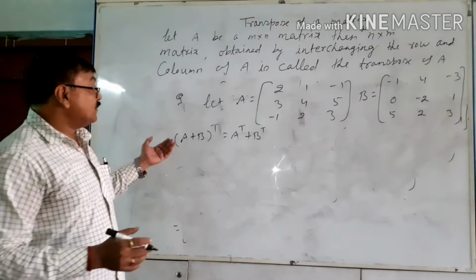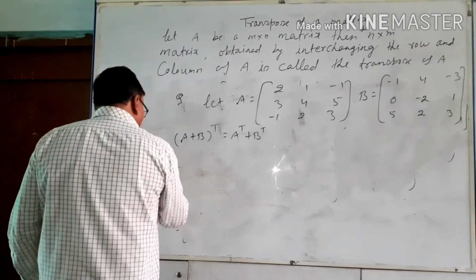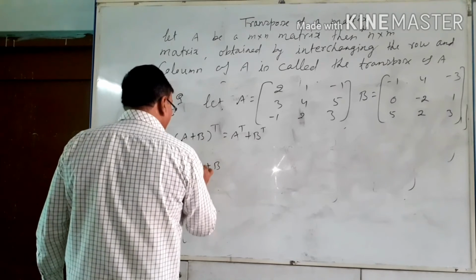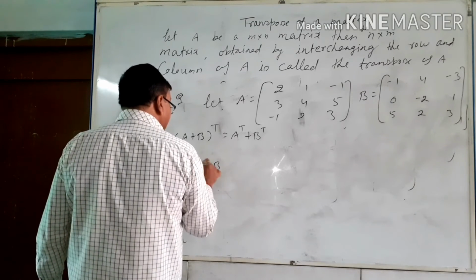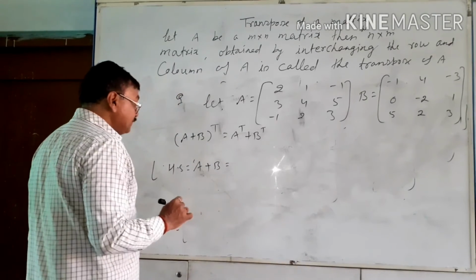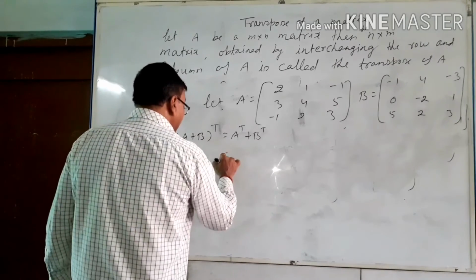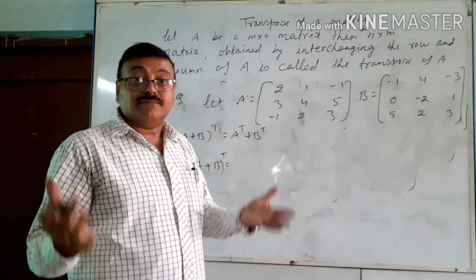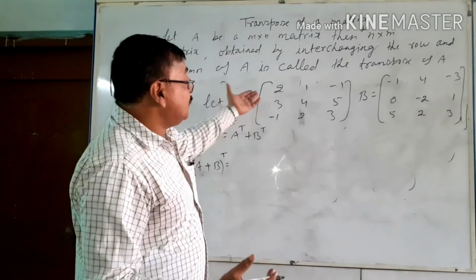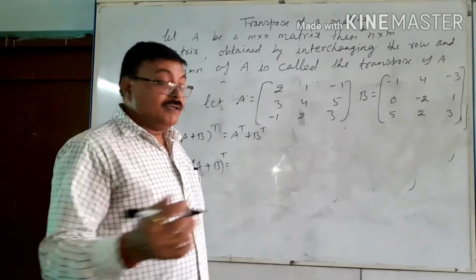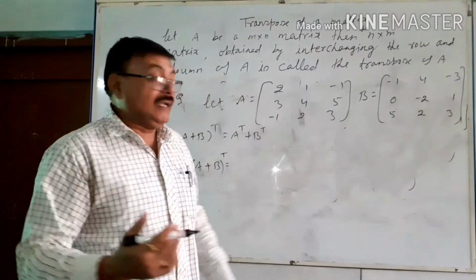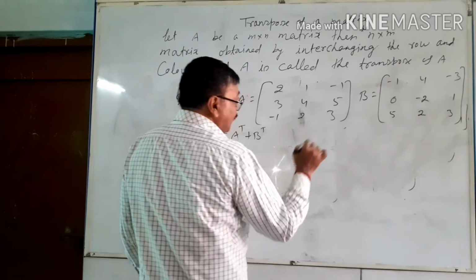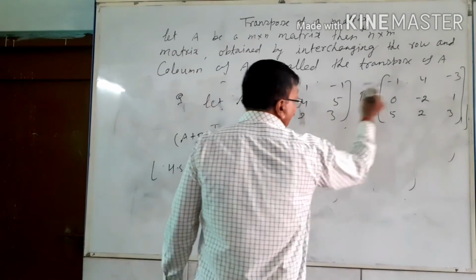Easily we can prove it. First, the LHS: we have to write A plus B. We know about addition of matrices: just add each element to its corresponding element. So 2 minus 1 is 1, 5, 1 is 4, 5.